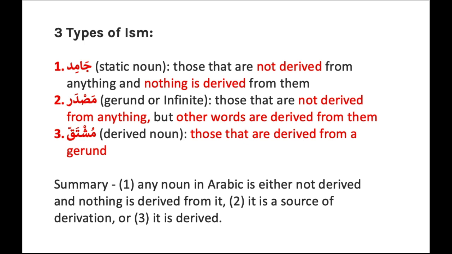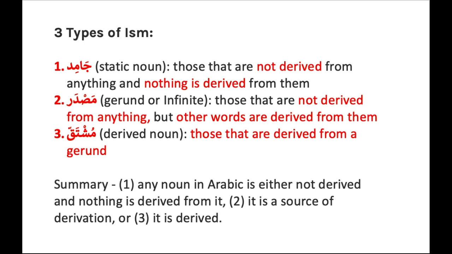The second noun is called Ismul Masdar. In English, they are also known as gerund or infinitive. Ismul Masdar are those isms or nouns that are not derived from anything but other words are derived from them. Ismul Mushtaq, in English, means derived noun. Ismul Mushtaqs are those that are derived from a gerund or masdar.